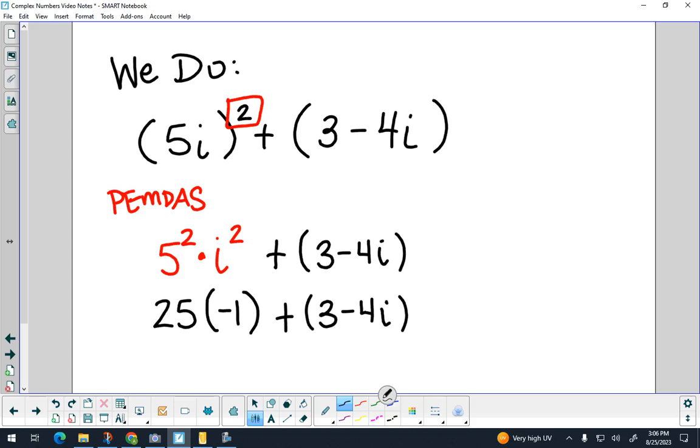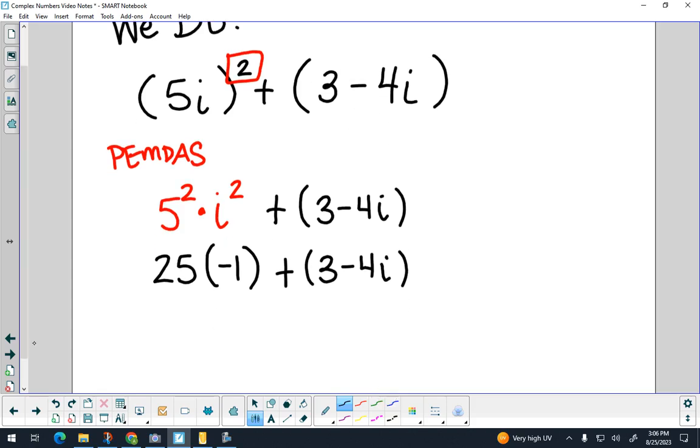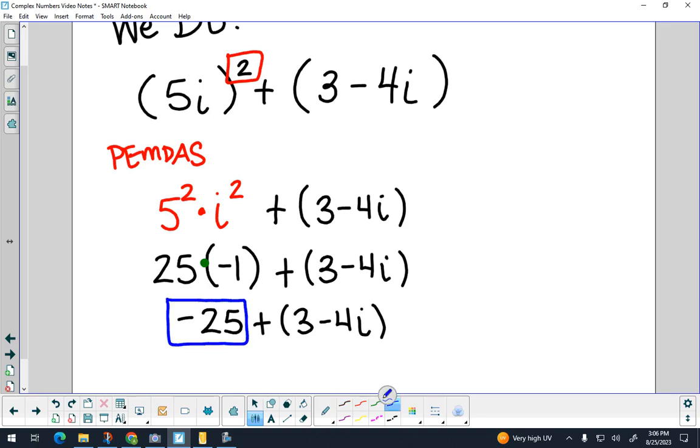Plus our other complex number. Okay, and then we're going to multiply. So 25 times, there's like a times right here when you see parentheses, -1 is -25. Okay, again, plus our other complex number. And then you want to tell yourself, well, what are my like terms? Well, this -25 and this +3 are my like terms that I'm going to combine. Okay, so -25 plus 3 is -22.